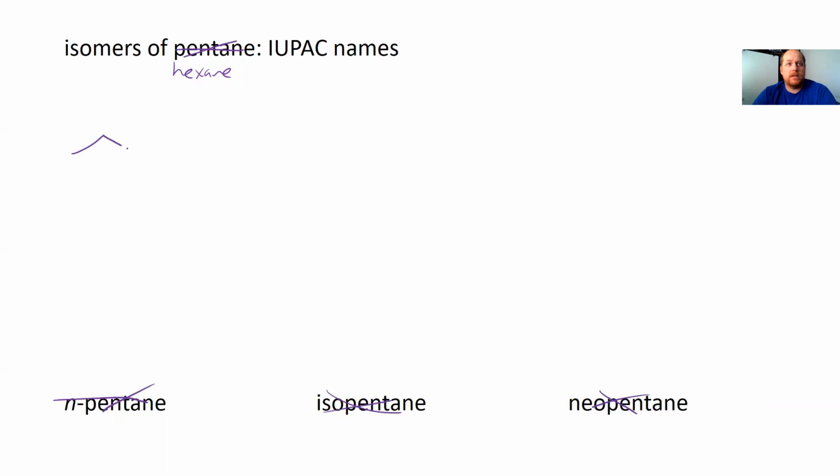We've got 1, 2, 3, 4, 5 lines, which gives us 6 vertices or ends of line segments. I'm going to take that carbon on the end and move it over to the second carbon, so I'm systematically putting these together. So 1, 2, 3, 4 lines, there are 5 carbons. Here's 1 methyl group off of the second carbon. I'm going to take the next methyl group off of the end and move it over to the second carbon.